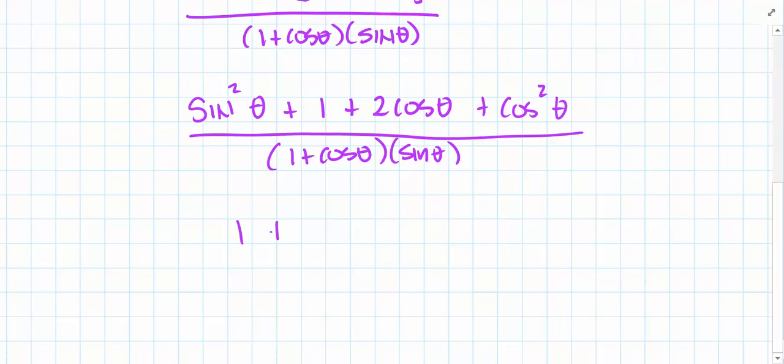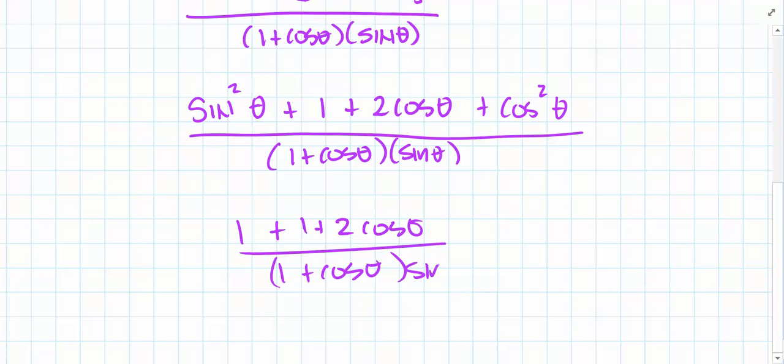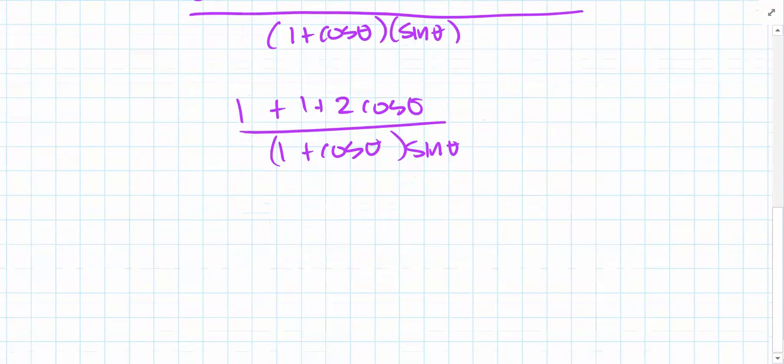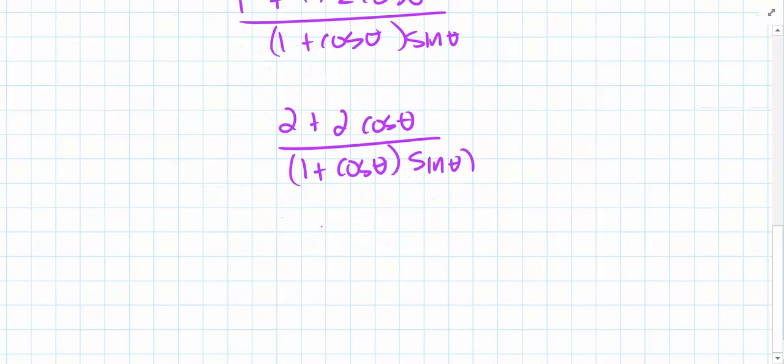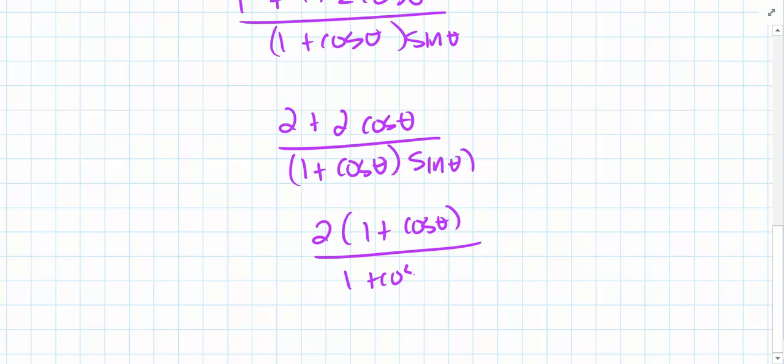So 1 plus 1 plus 2 cosine theta, over 1 plus cosine theta times sine theta. That gives us 2 plus 2 cosine theta over 1 plus cosine theta times sine theta, which is 2 times 1 plus cosine theta all over 1 plus cosine theta sine theta.